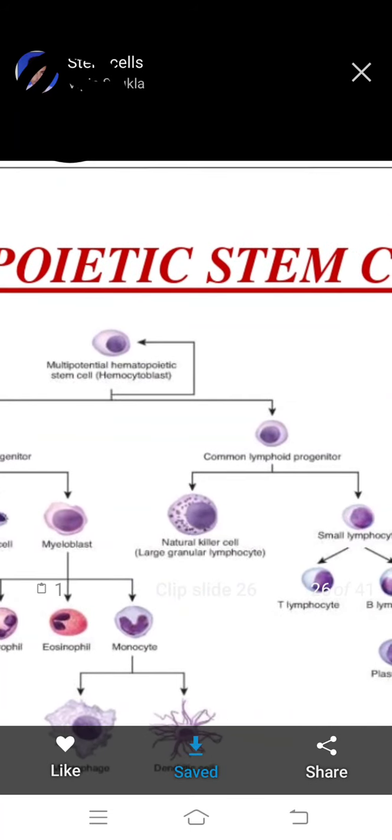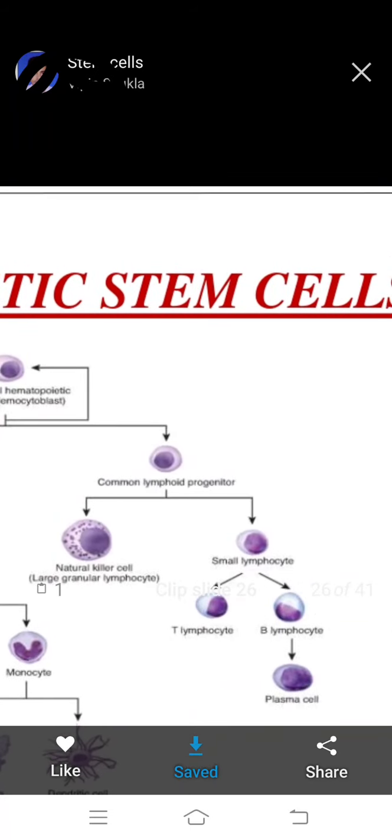Next, common lymphoid progenitor. First one, lymphoid means natural killer cells, the large granular lymphocytes. Small lymphocytes are T and B lymphocytes. B lymphocytes form plasma cells.